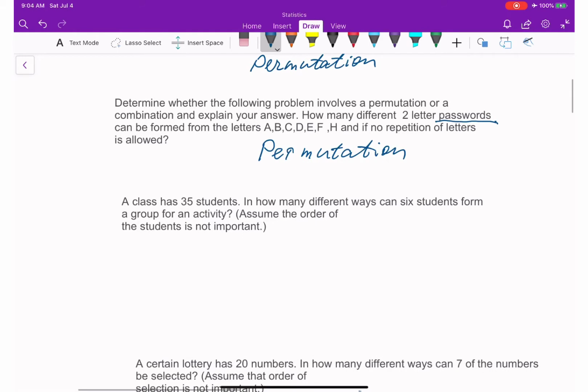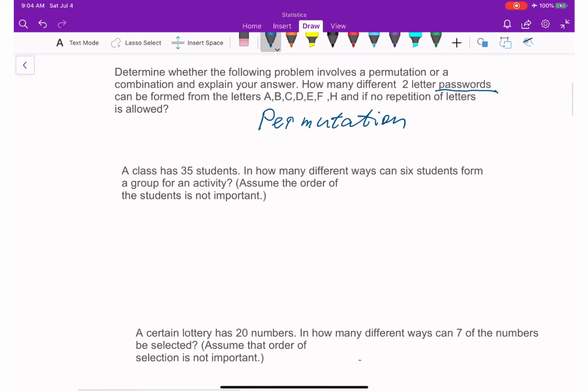Next, a class has 35 students. In how many ways can 6 students form a group for an activity? So how many ways can 6 students create a group for an activity?